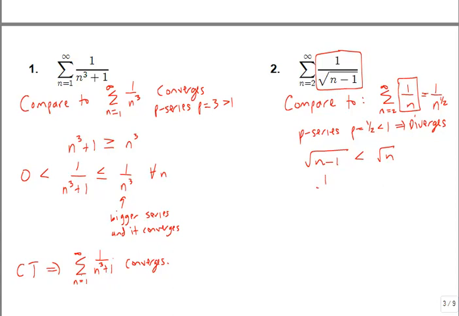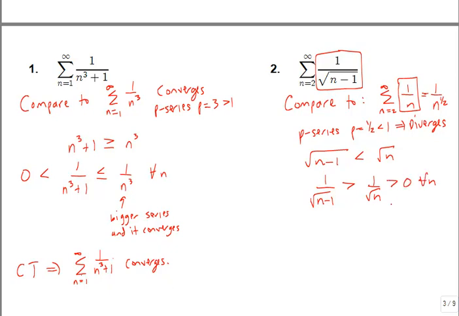So then if we take the reciprocal of this and compare these two fractions, if this denominator is smaller, that's going to make this fraction get bigger. So this inequality would be a greater than symbol. And obviously these are, again, both going to be positive because we're assuming that n is starting at 2 and going to infinity. So this is definitely going to be greater than 0 for all n.